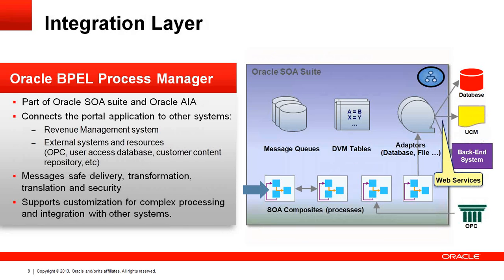One important feature of this integration layer is that it allows us to achieve safe delivery of messages, and it supports transformation, translation, and security settings. The safe delivery of messages is achieved through persistent queues that are defined in Oracle BPEL Process Manager. Some web service requests can be done in the product in a synchronous or an asynchronous way.